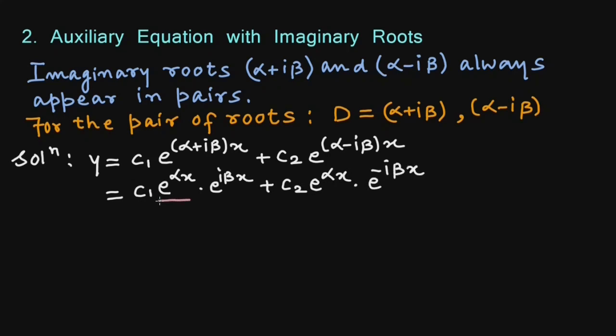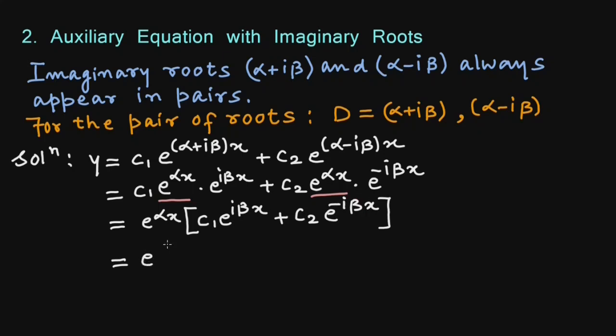Taking e raised to alpha x as a common factor, this will be e raised to alpha x into c1 e raised to i beta x plus c2 into e raised to minus i beta x, which is e raised to alpha x into c1.